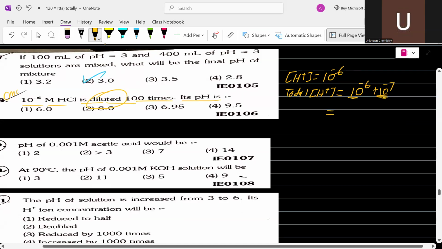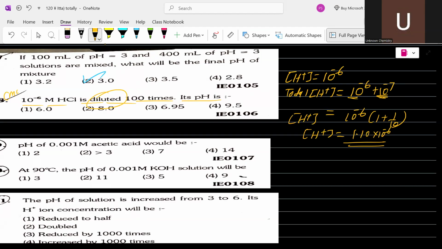So here, what is the concentration? We can take common 10 is to power minus 6, 1 plus 1 by 10. So here, concentration of H plus ion will be 1.10 into 10 is to power minus 6. Why 1.10 into 10 is to power minus 6?